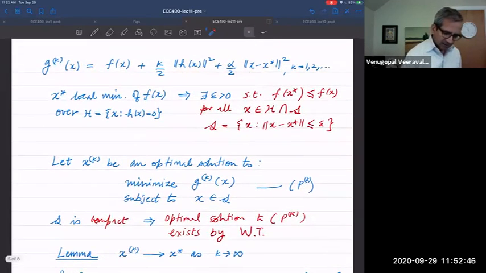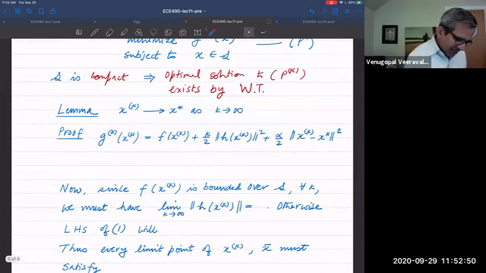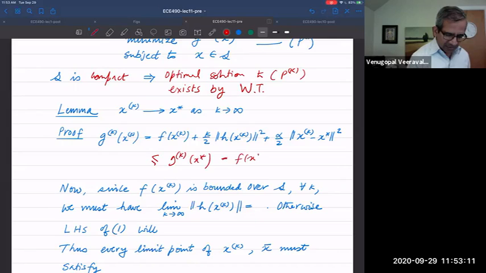Now remember that this g_k of x_k is the optimum value, the smallest value that g_k can take on the set S. So it's going to be less than or equal to g_k of x star, which is equal to f of x star. Let's call that equation 1.